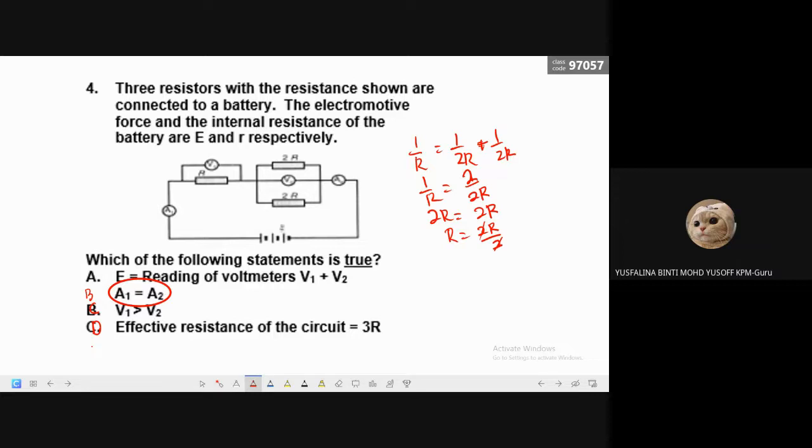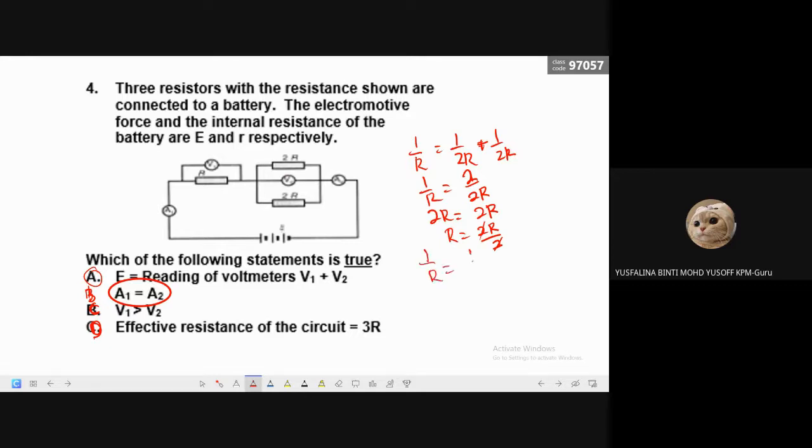Actually, that one is also correct, right? A1 equals A2 because that one is a series circuit. So I think this one is A, this one is B, this one is C, this one is D. I don't know why it just circles this one, or maybe the answer is A, right? So number 4, the answer is A. If you calculate also, you can get the same one.